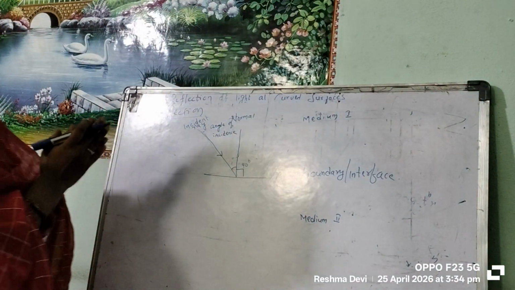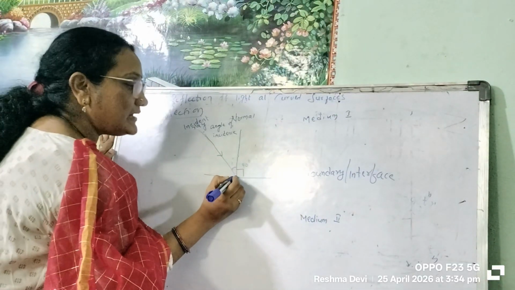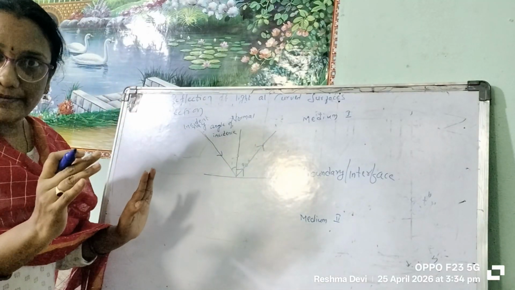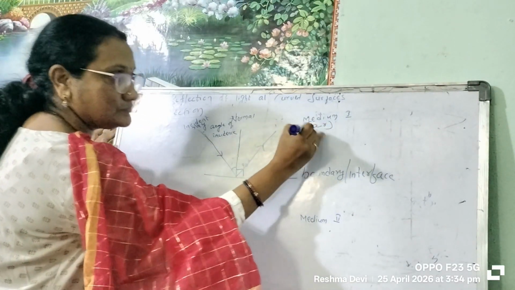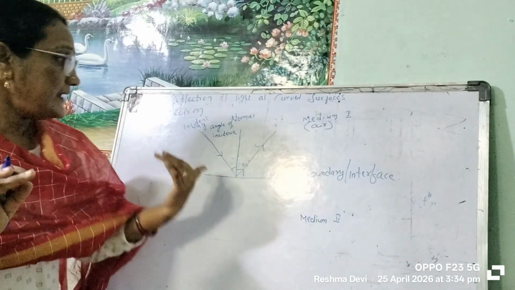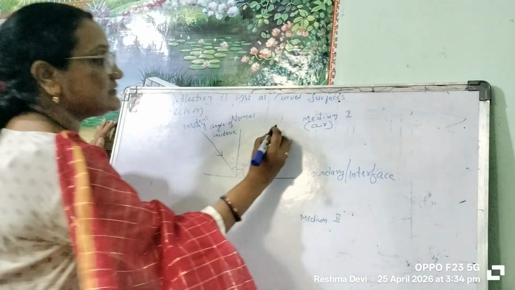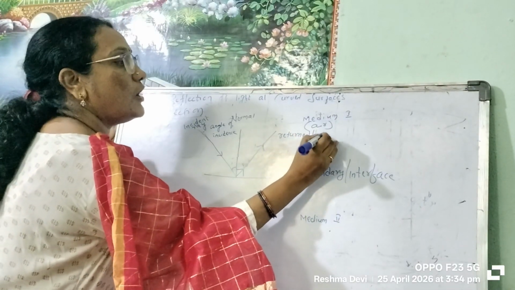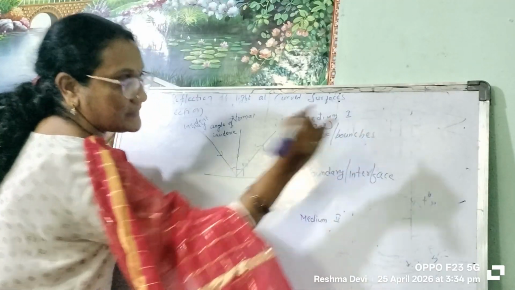Now, this incident ray will return back into the same medium. Incident ray traveled in the air, right? And after incident on the boundary, it returned back. Or we can also use the word bounces back.